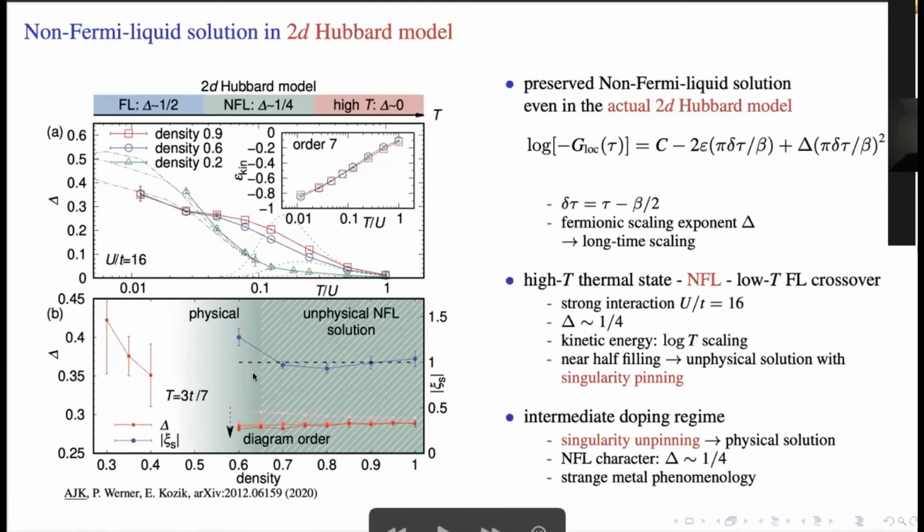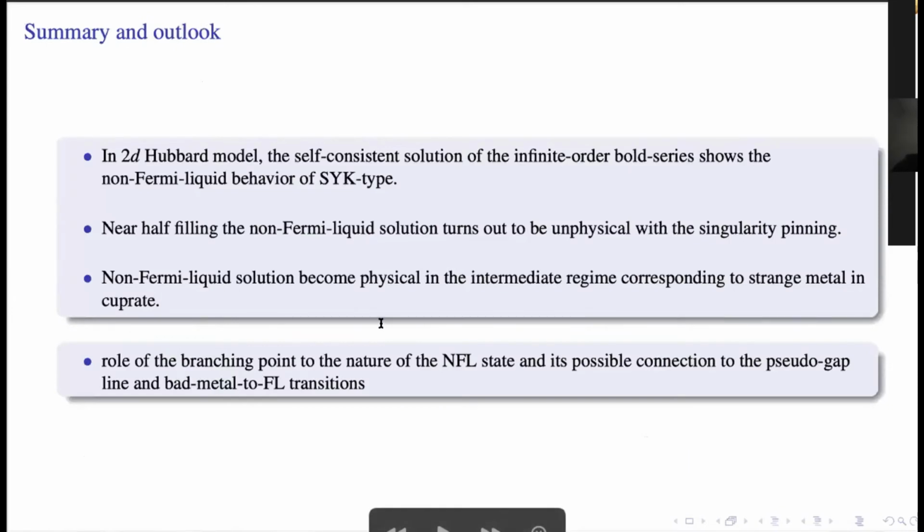So it implies that the self-consistent solution near half filling here is unphysical, and the solution in the intermediate doping is a physical solution. This gives us a physical non-Fermi liquid in this intermediate doping regime, and it is consistent with the strange metal phenomenology. So, this is the summary of my talk, and thanks for your attention.